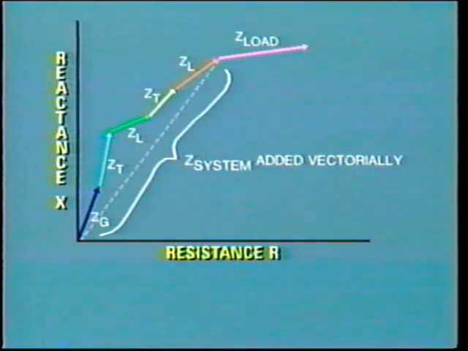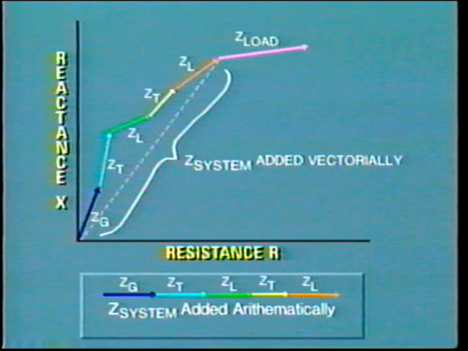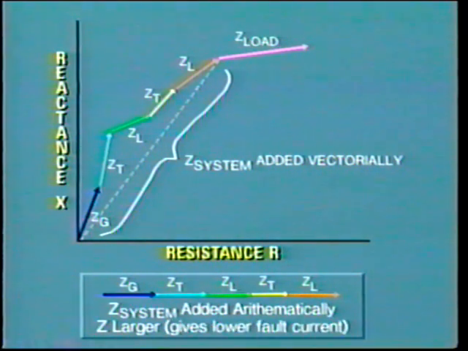The actual impedance diagram would probably look something like this. You can see that by adding the impedance values arithmetically, the resultant would actually be greater than the true value. This in turn would give us a lower value of fault capacity and consequently fault current. So to be truly accurate, we need to add these values vectorially. This could be done graphically, or it can be calculated by the following method.